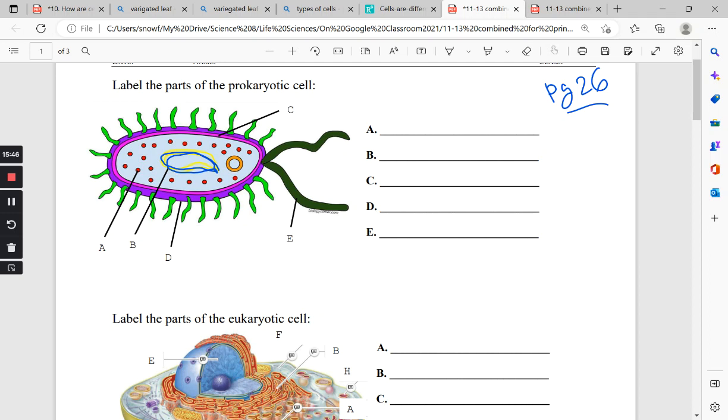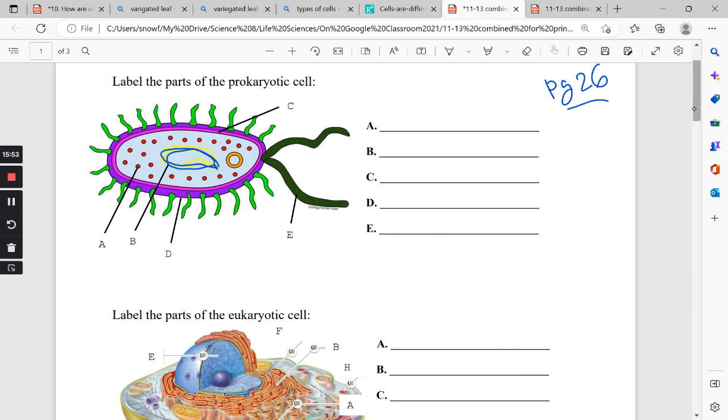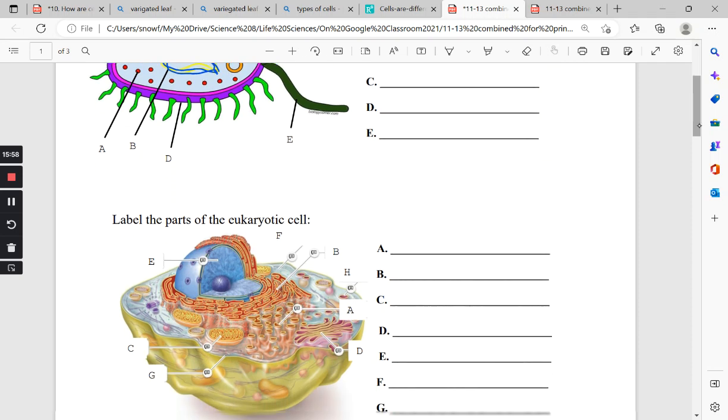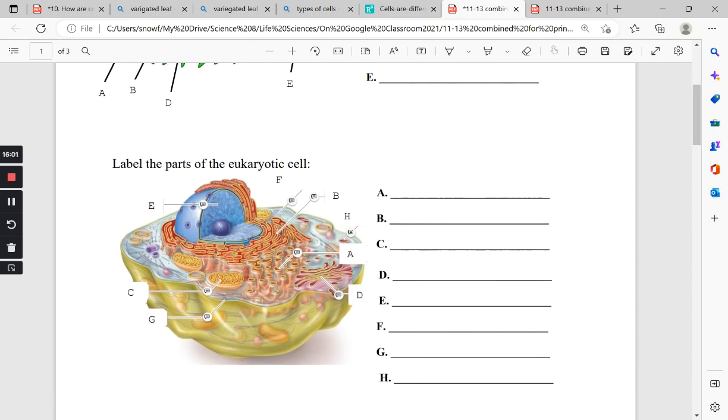All right, so the first part here, this prokaryotic cell, this bacterium, should be fairly straightforward, even though the pictures are not exactly the same as the ones in your textbook. And this one's going to be a little bit more difficult to see. Oh, let's make this a little bit more clear. That's F, that's B, H, A, D, G, C, E. Okay, it looks like their boxes disappeared.